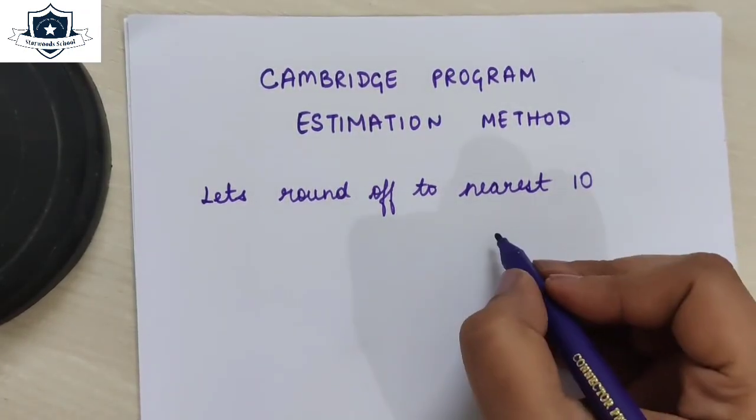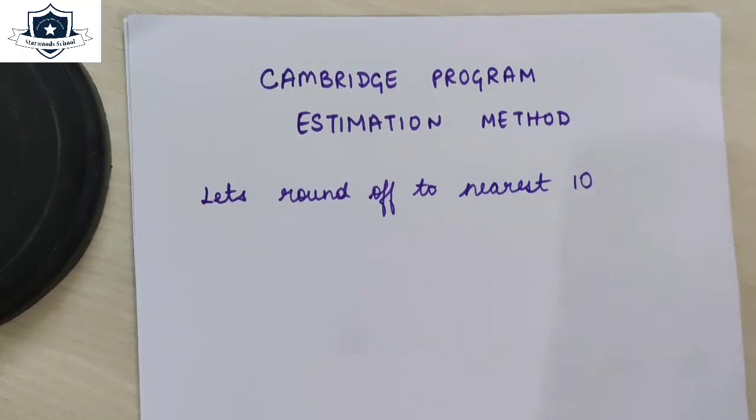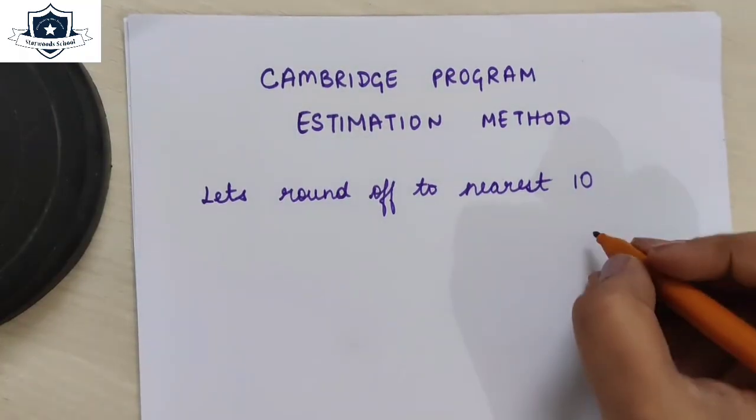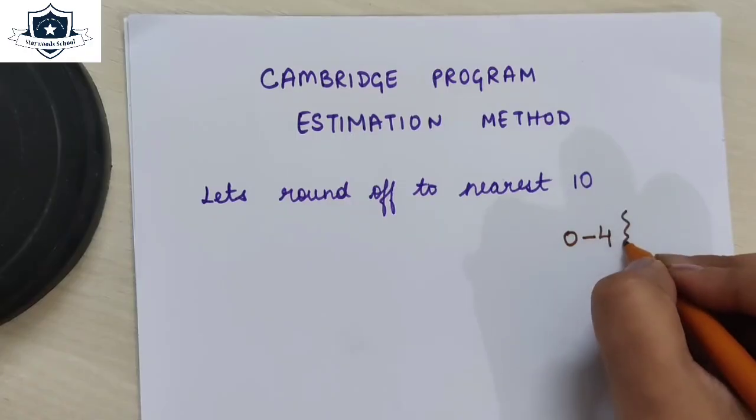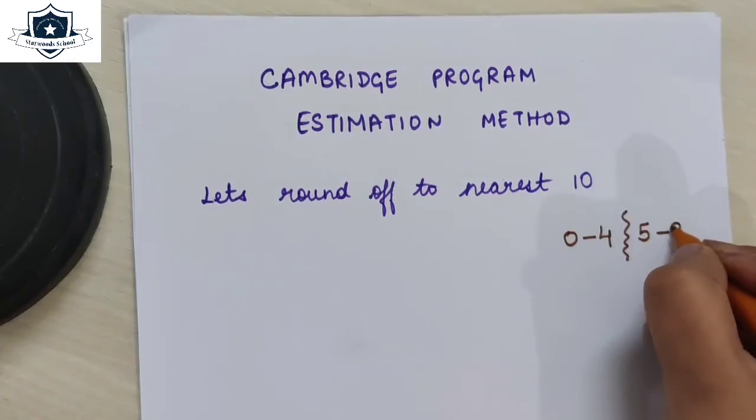So the rule that we have to remember here is to check the number either in the bracket of 0 to 4 or 5 to 9.